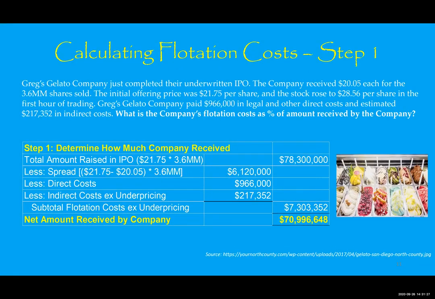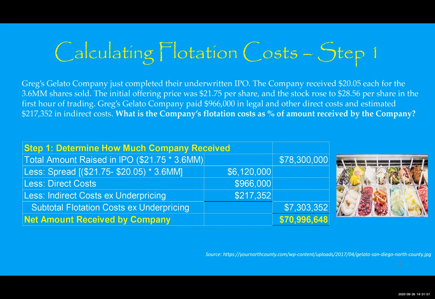Step 1, let's determine how much the company received. So the total amount raised in the IPO was $21.75 per share, that's the offer price, times 3.6 million shares sold. You get $78.3 million. But that's not actually what the company got. Don't forget, they need to pay the underwriting spread.